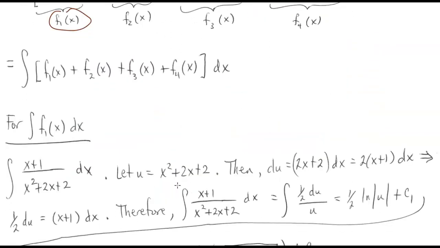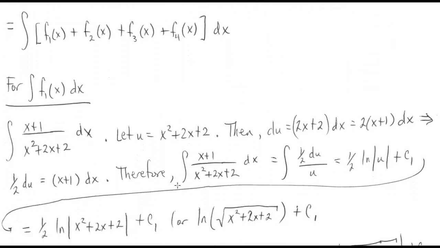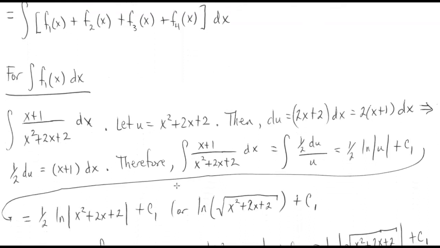So to solve for the integral where the integrand is f sub 1, notice here that if we let u be just our quadratic factor here, if we take the derivative of it, that's just going to be 2x plus 2, which if we factor out the 2, gives us 2 times x plus 1. And it's really the x plus 1 dx part that we're looking for.